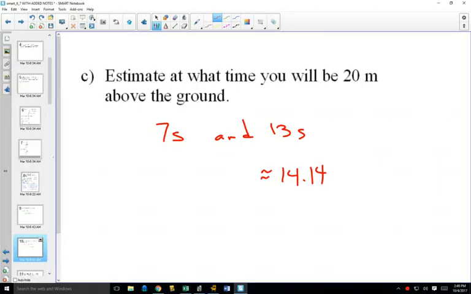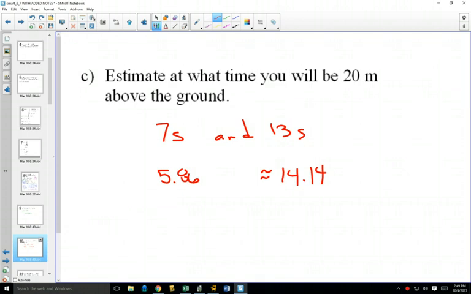Without your calculator, can you tell me the one on the left? 5 point, close. Even more, I want one more decimal place. 5.86. How did we do that?